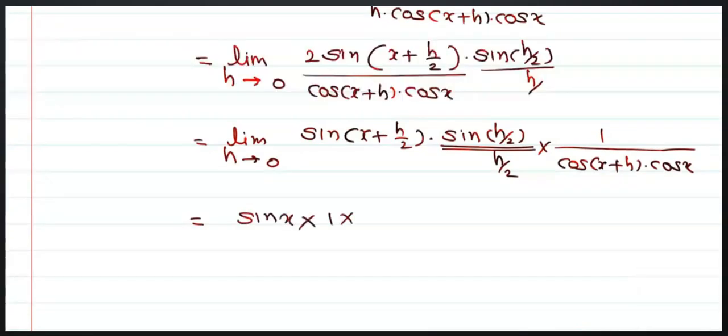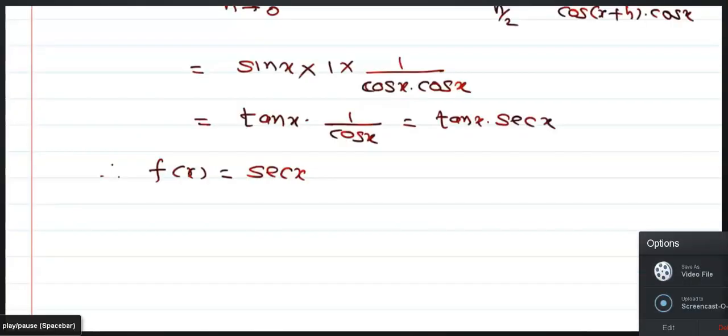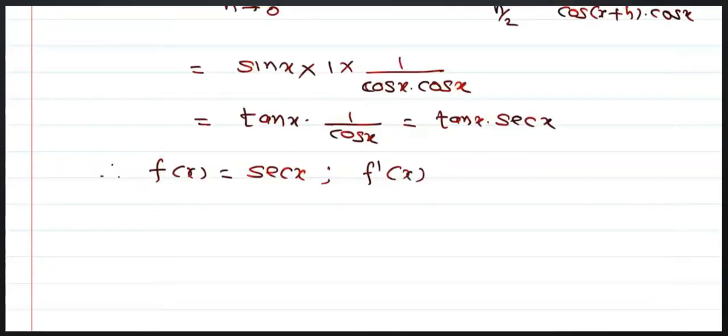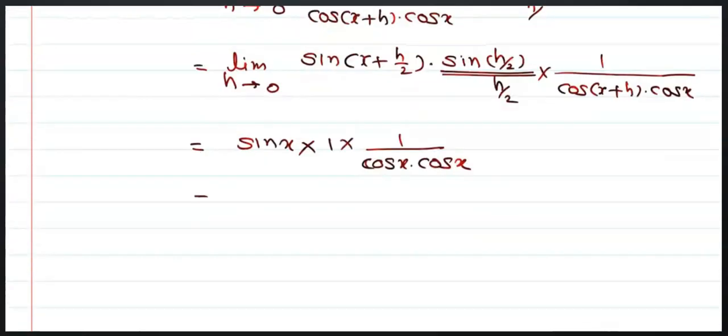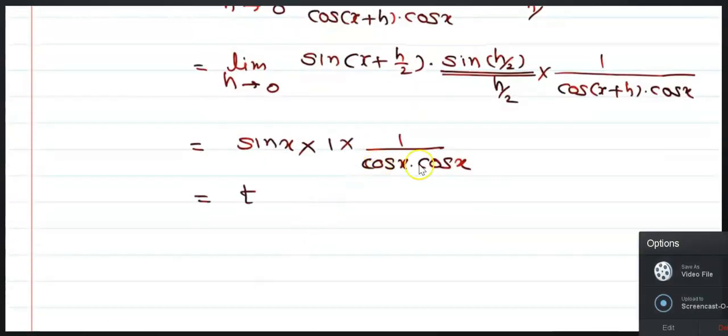Therefore, as h tends to 0, that is sin x into 1 upon cos x into cos x.